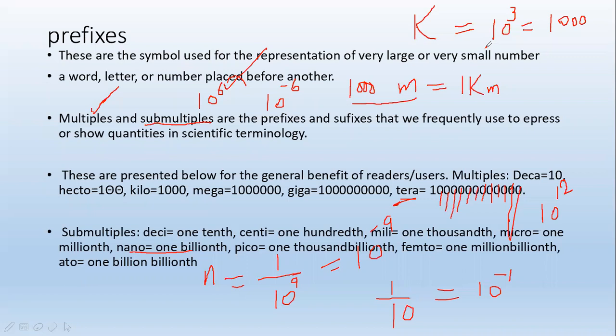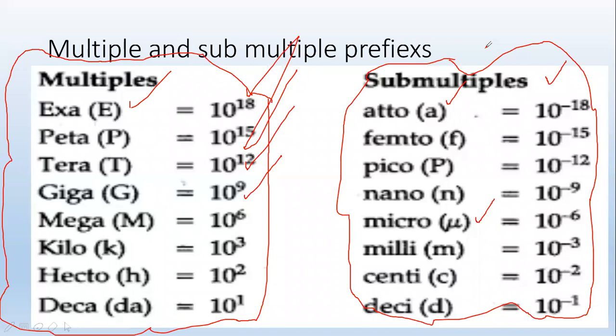Then we studied prefixes. These are the symbols used for the representation of very large or very small numbers. There are two types of prefixes, multiple prefixes and submultiple prefixes. Multiple prefixes are exa, peta, tera, giga, mega, kilo, hecto, deca, and their powers are written as 10 raised to power 1, 2, 3, 6, 9, 12, 15, 18.